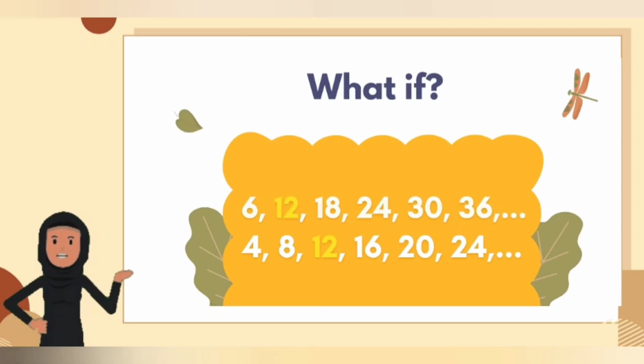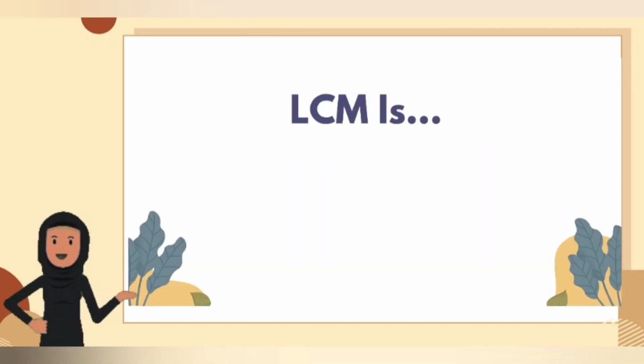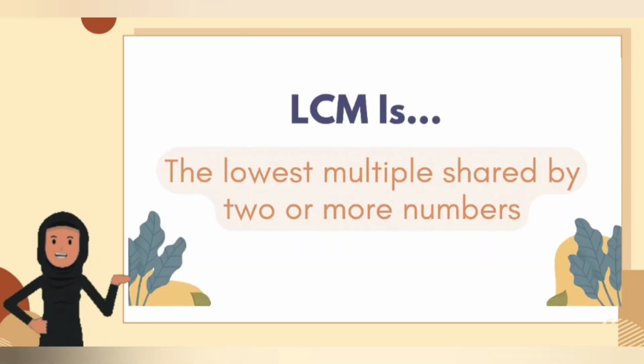As in many examples, the least common multiple is the lowest multiple shared by two or more numbers. This result will always be a common multiple because the product of two numbers must have the two original numbers as a factor.